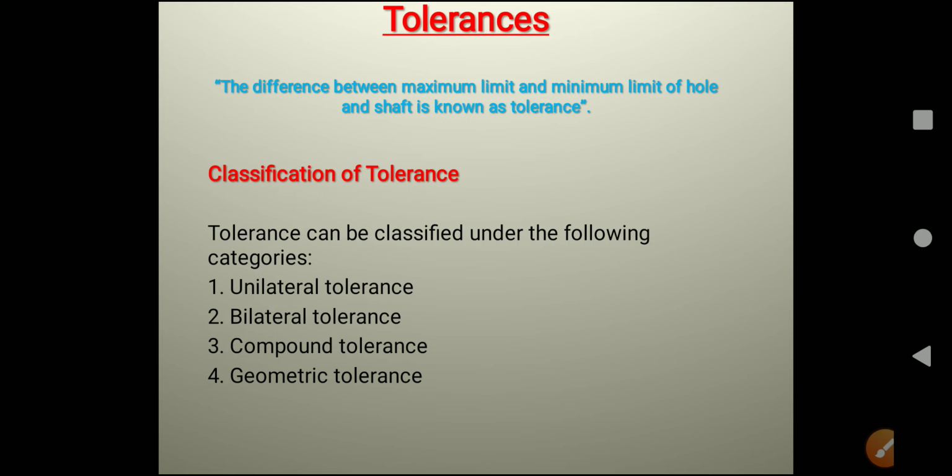There are four different types of tolerances, or we can say systems of tolerances: first, unilateral tolerance; bilateral tolerance; compound tolerance; and the fourth one is geometrical tolerance. These types of tolerances are very important from the industry and industrial drawing point of view.